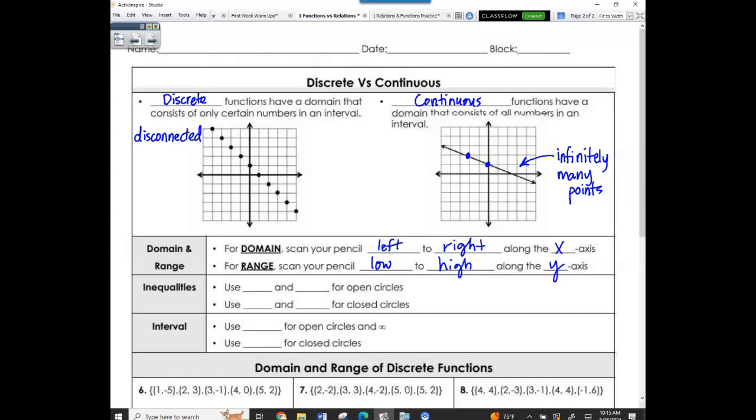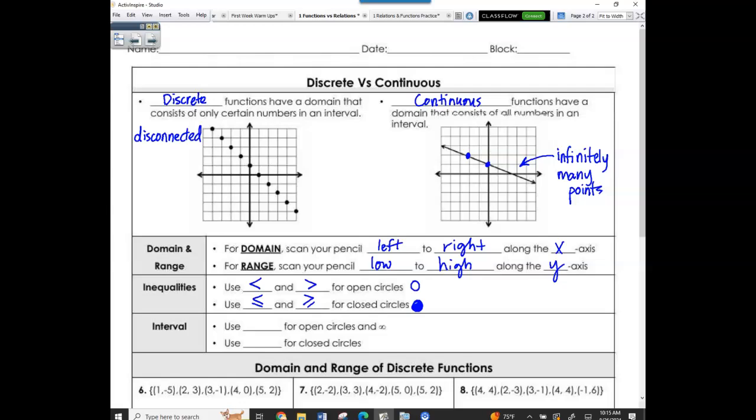The next part is something we have already practiced. This should be familiar territory. In terms of inequalities, if I have open circles, then I just have less than or greater than. But if I have closed circles, then I have less than or equal to, greater than or equal to.